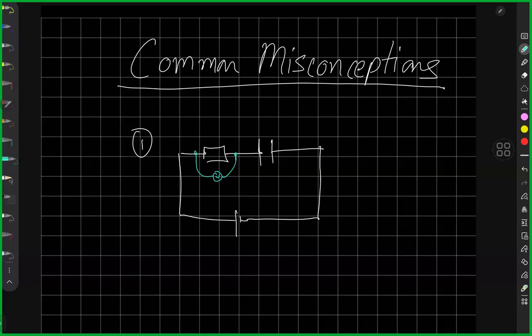When the capacitor is charging up, the resistor will indeed have some potential difference across it, so you do see a reading on this resistor.